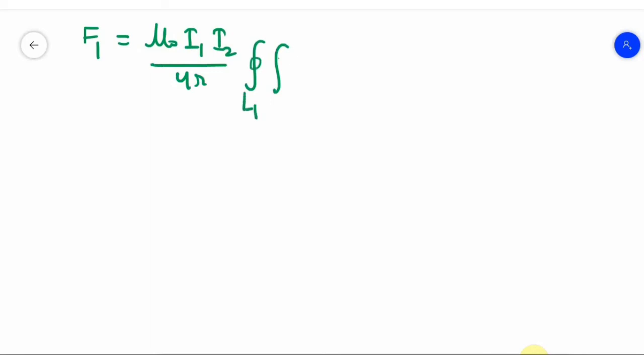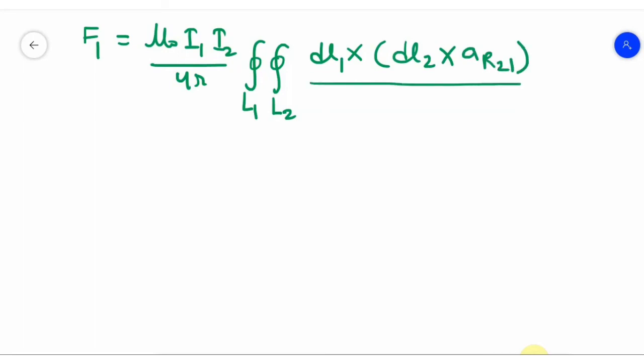First one for the path L1, that is loop 1, and for loop 2, dl1 cross dl2 cross aR21 and upon R21 square.